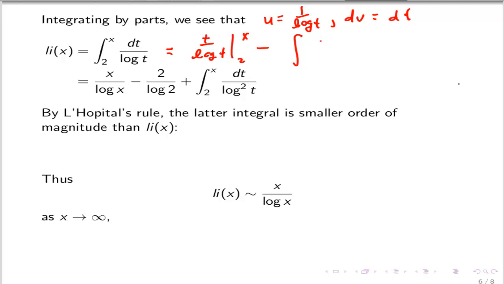So v is t, and du, that's log t to the negative 1, so the derivative would be negative, so I put a plus here, 1 over log t squared, times the derivative of log t, which is 1 over t, dt, and these cancel.